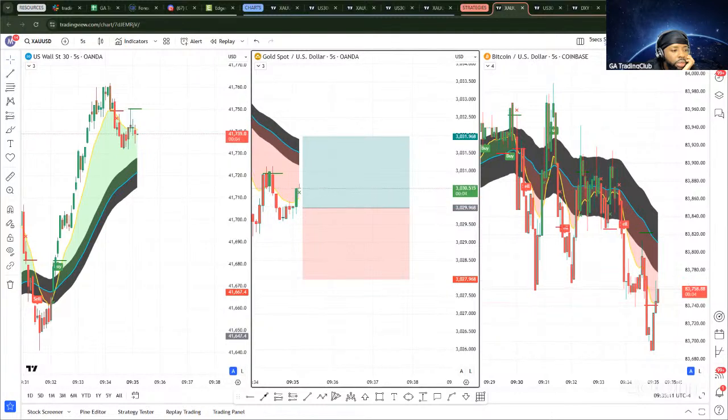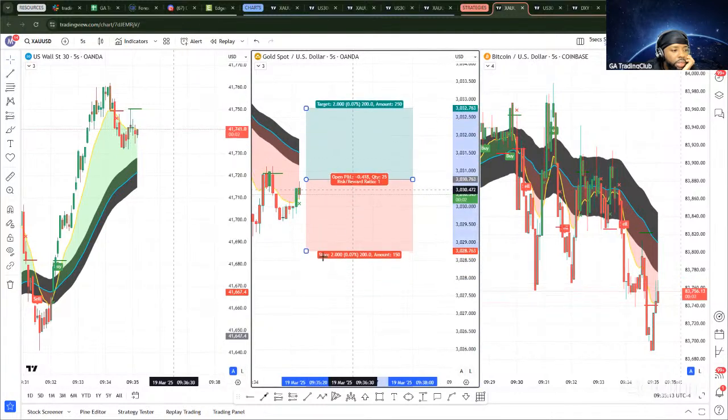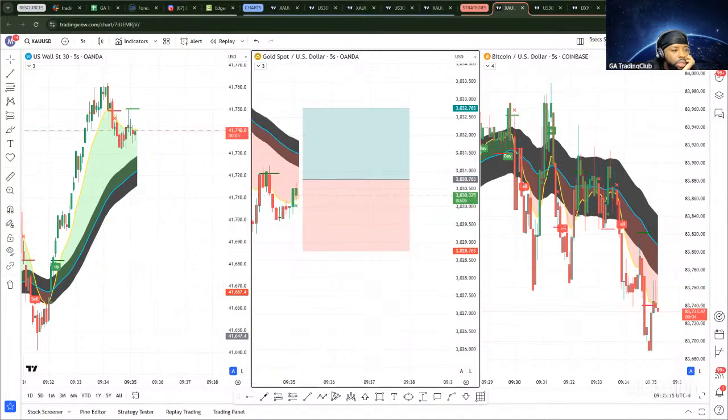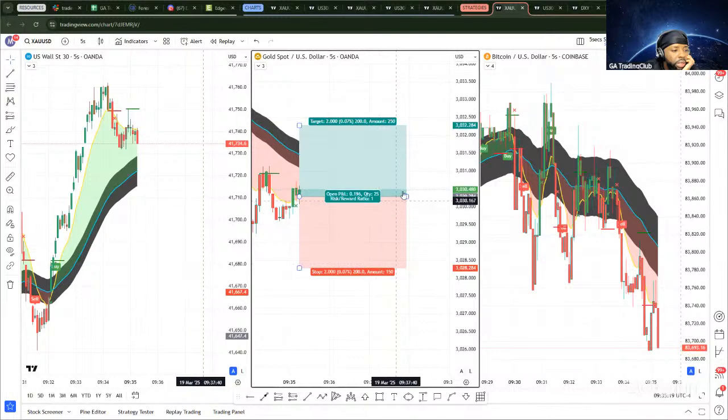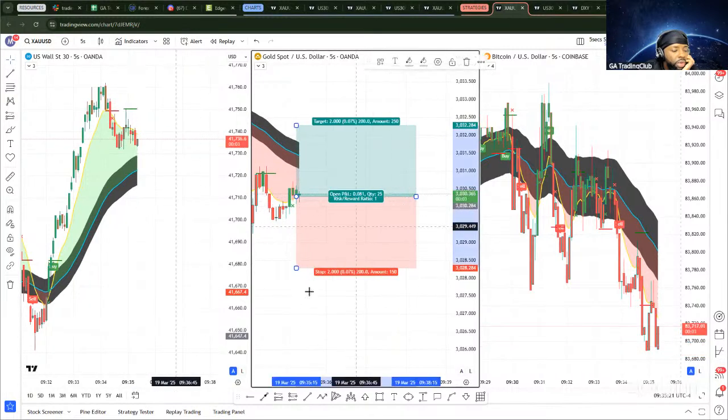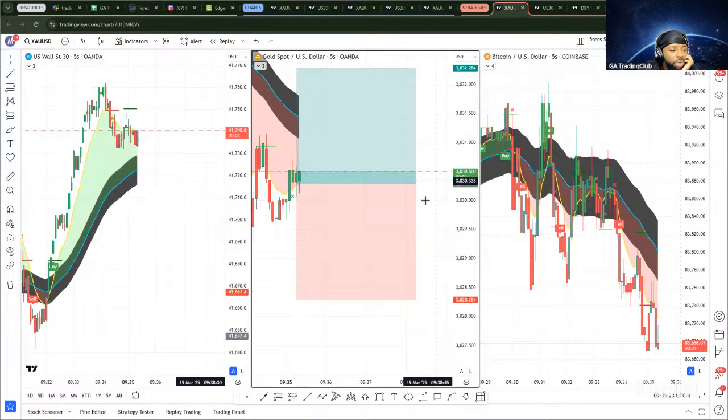There's the green X. Come on, let's see. Okay, should be there. That's the entry for the crossover, I'm sorry, for the rejection scalp on gold.